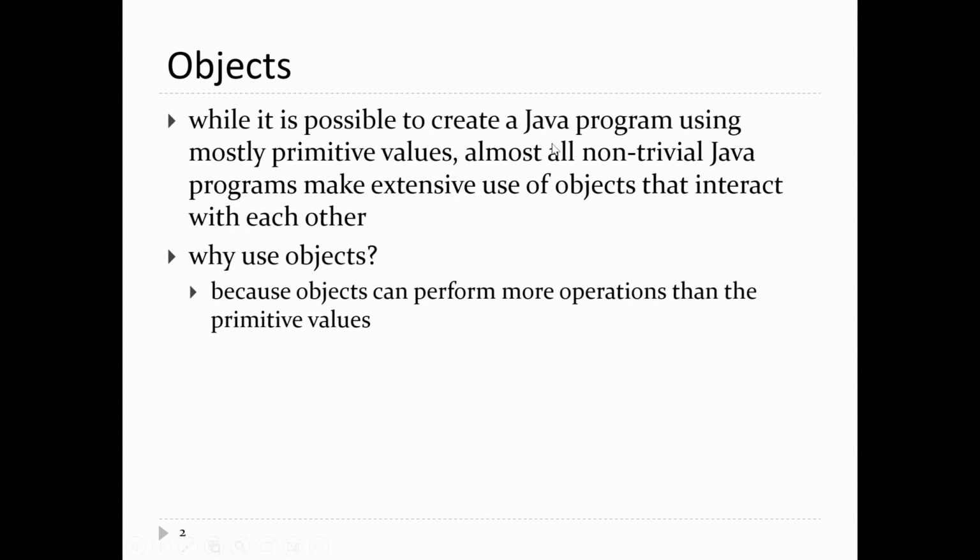Almost any non-trivial Java program will make use of what are called objects, and the objects interact with one another. The reason we use objects in an object-oriented programming language is because objects can perform more operations than primitive values. When you make a class, you're basically creating your own type.